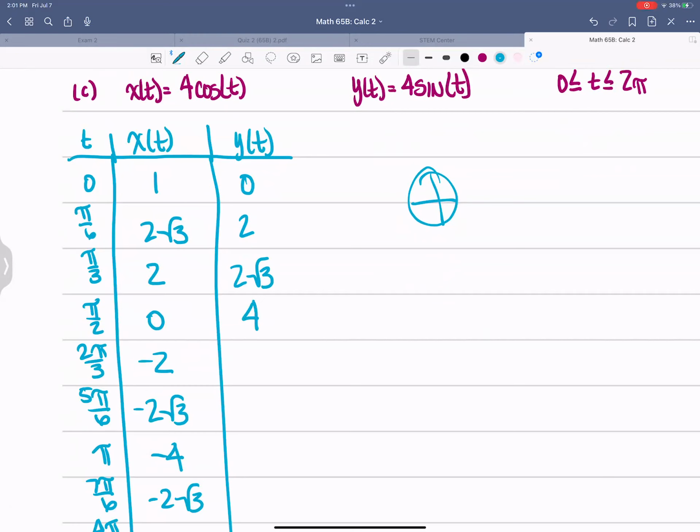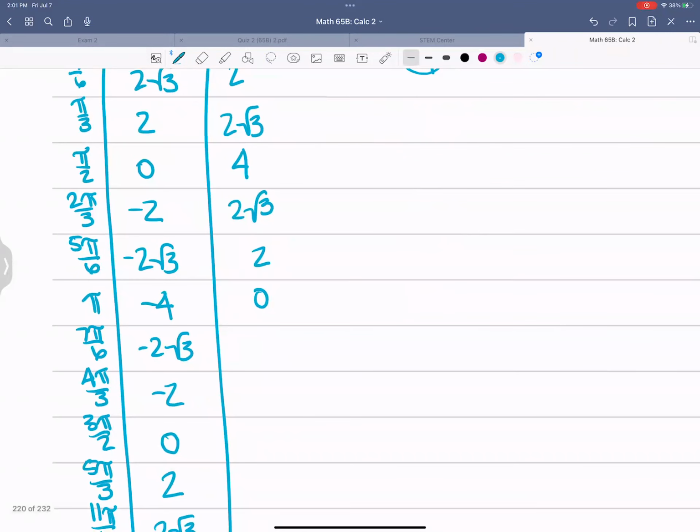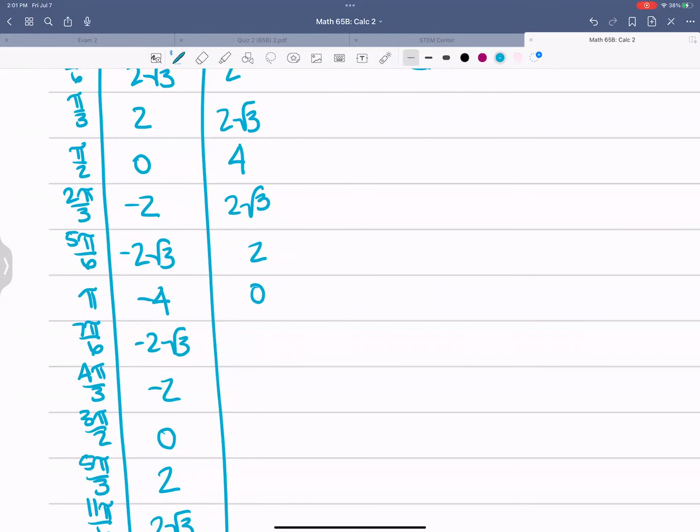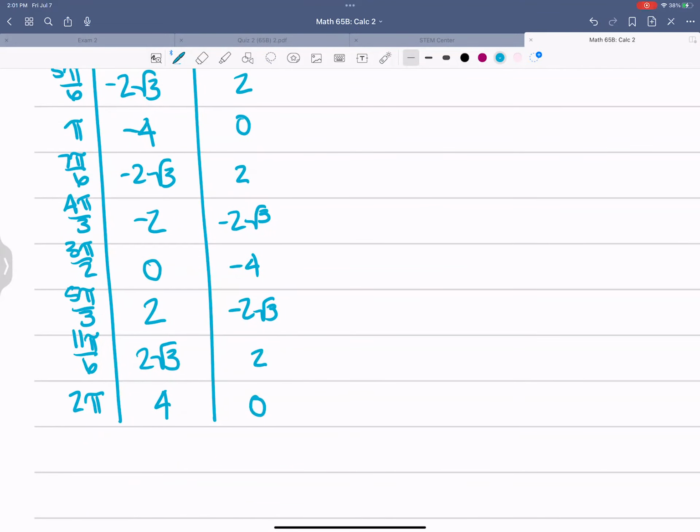This is going to be 2 root 3 again. At pi over here, we're at 0. And we start hitting the negatives. So from 0, we have 2. And now negative 2 root 3, negative 4, negative 2 root 3, negative 2, and back to 0.